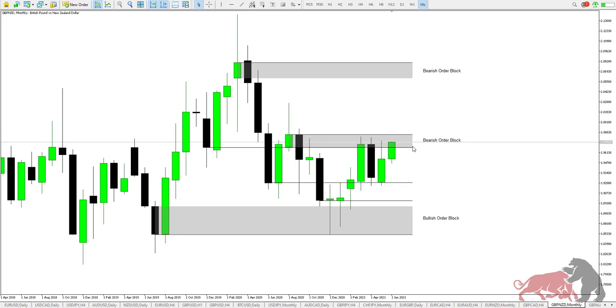Where should I be hunting for selling opportunities, right? When price is at least around the 50% mean threshold. So the blue line represents the 50% mean threshold of my monthly bearish order block.